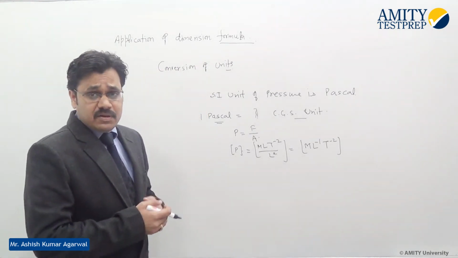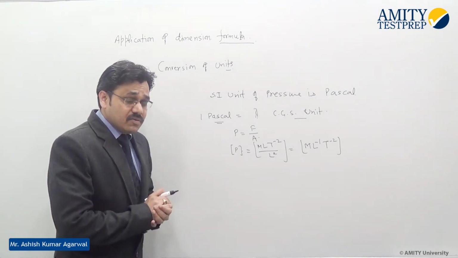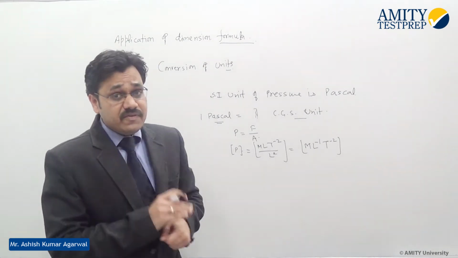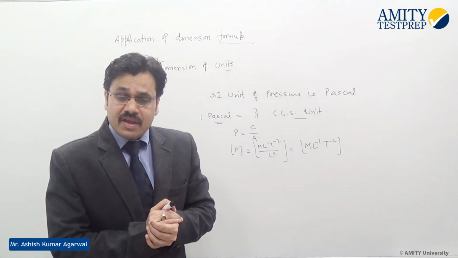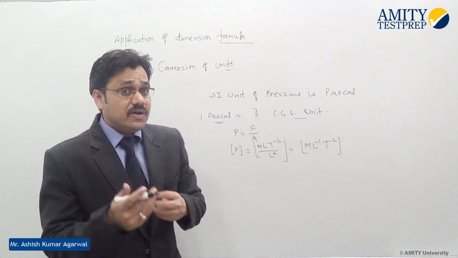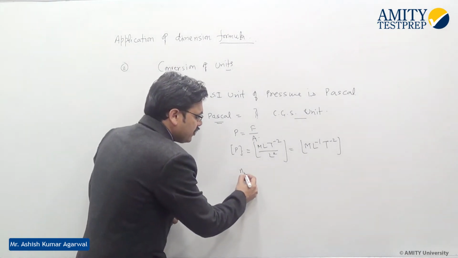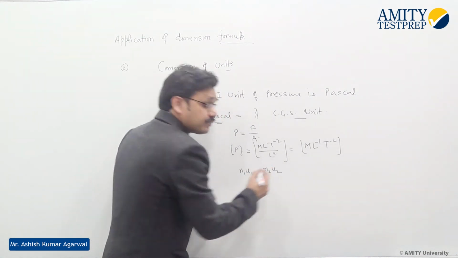So if I take this into account, one more thing is there. Any physical quantity, any derived quantity requires two things: a numerical value and the units. And the product of the numerical value and the units will be constant. So you have to equate these two: N1 U1 should equal N2 U2.